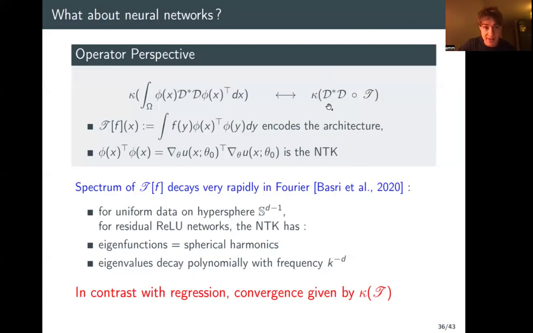In the PINN setting, the conditioning still depends on this D star D composed with this T. But in contrast, in the regression setting, when we're not trying to minimize a residual, and we're just trying to regress to the solution, minimizing the distance between u theta and u, the solution, since we're never taking into account the equation, the differential operator D, the conditioning is not going to be dependent on D, and it's just going to be related to the conditioning with respect to the architecture.